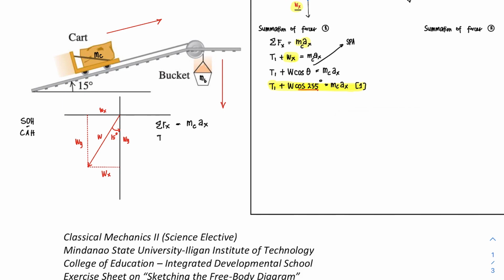The same. Basically, you have T1, but take note of this. Since you are no longer using SPA, you want to use the 15 degrees. You want to use this angle, so you have to carry the sign. In this case, negative WX is on the negative axis, so you will take negative W sub X. So this is the main difference from using SPA.